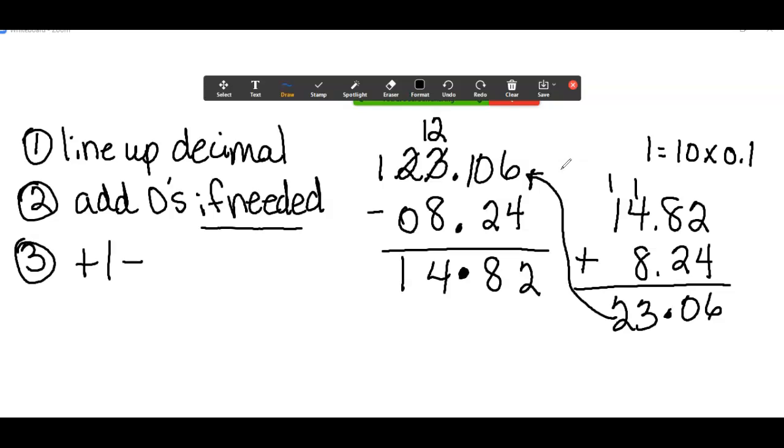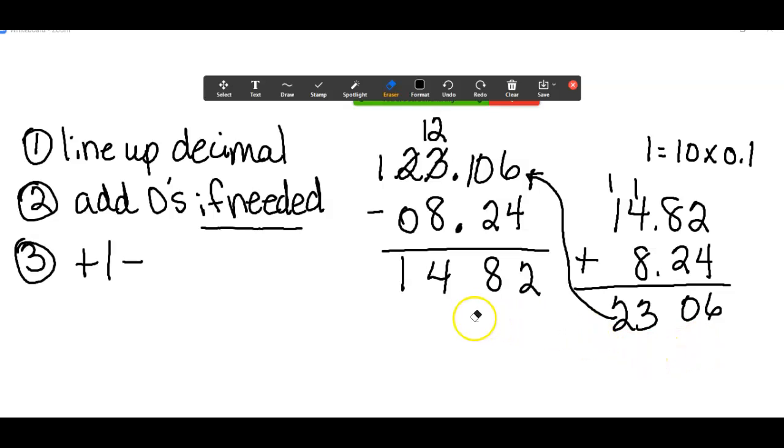All right, so 2 tips for today, other than making sure you're following these 3 steps. Number 1, make sure that all of your answers have the decimal place. Okay, if I forget this decimal place here, and I write these answers as 1,482 and 2,306, it is wrong.